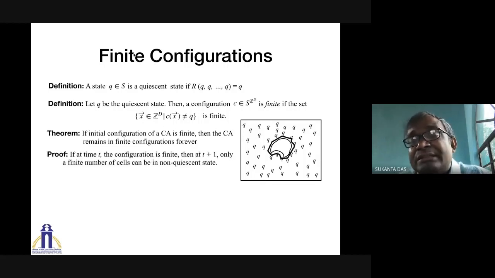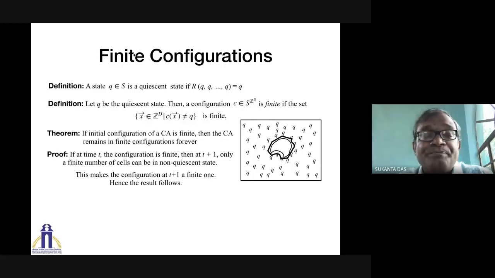So in the next time step, only these many cells can be in non-quiescent state, and the rest are in quiescent state. Therefore, it is again a finite configuration, right? If you apply this argument repeatedly, you will see that the configuration will always remain finite, right?